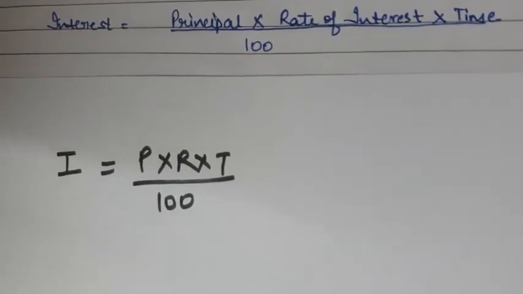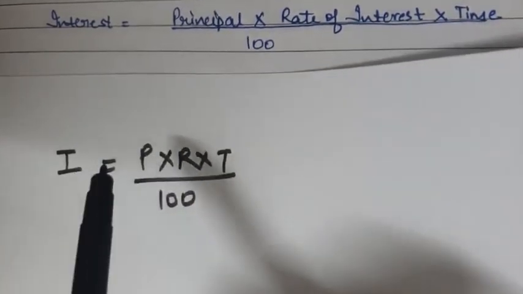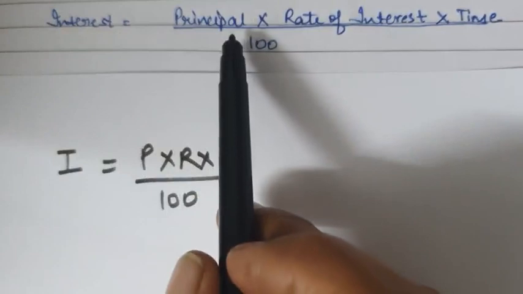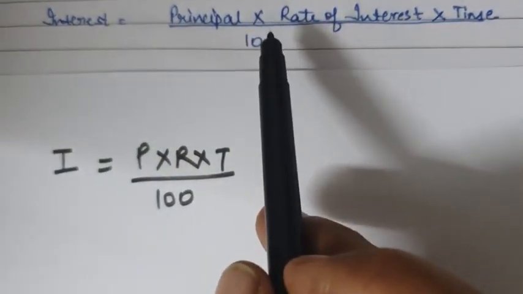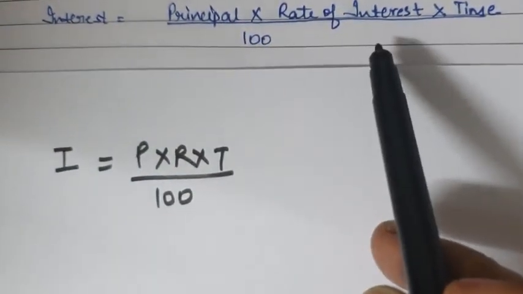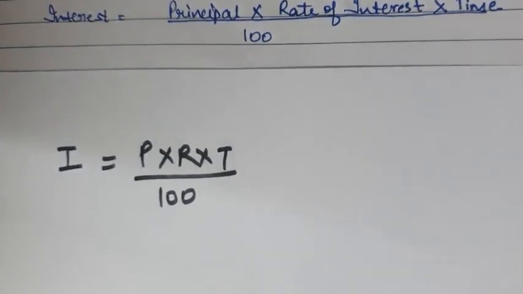Now the formula is interest is equal to principal into rate of interest into time upon 100.